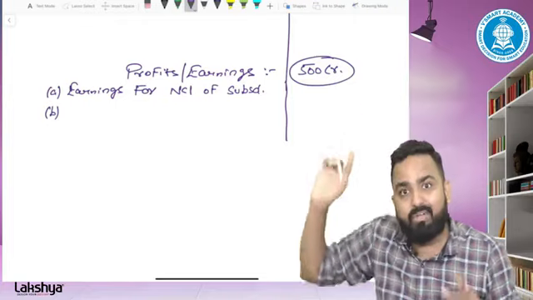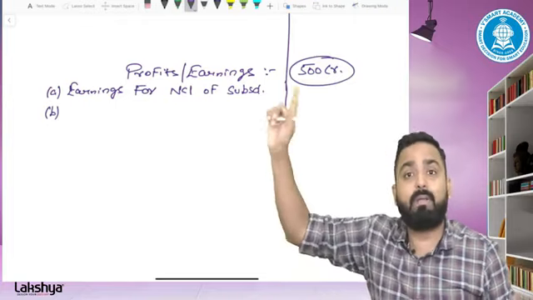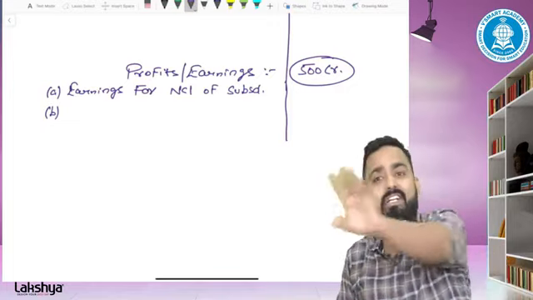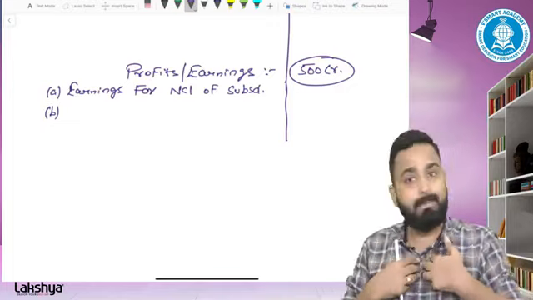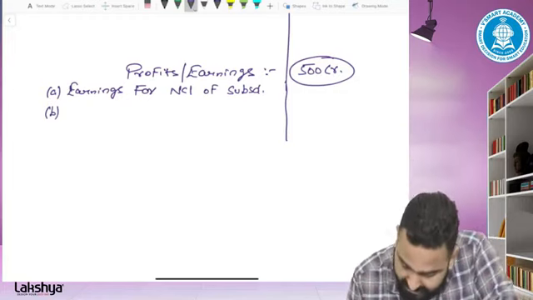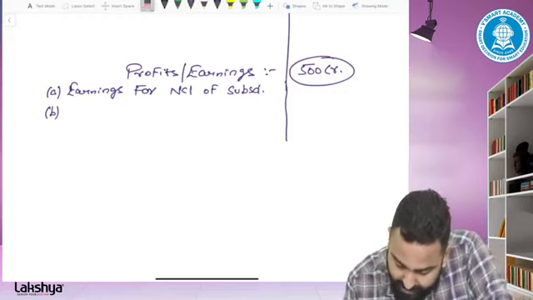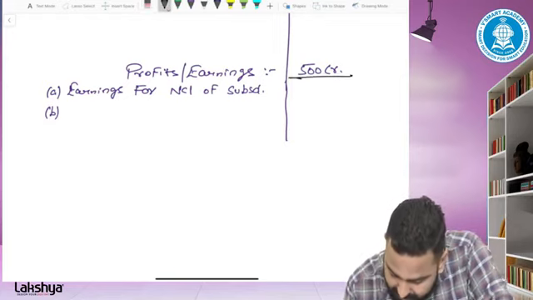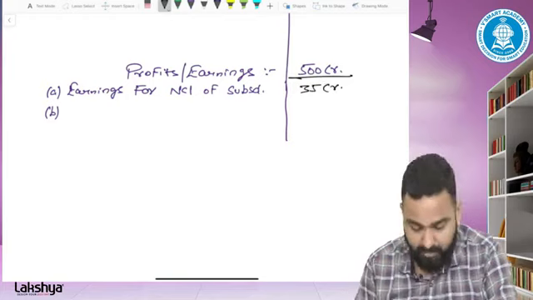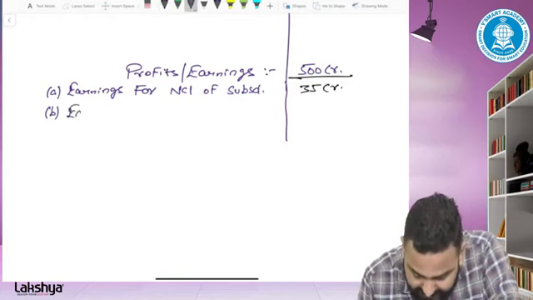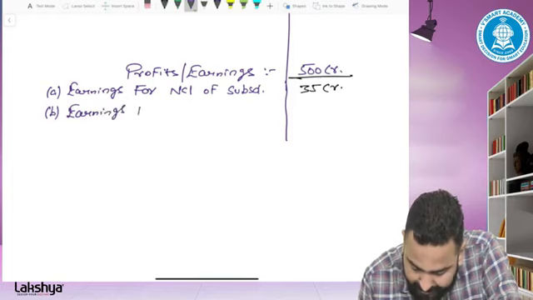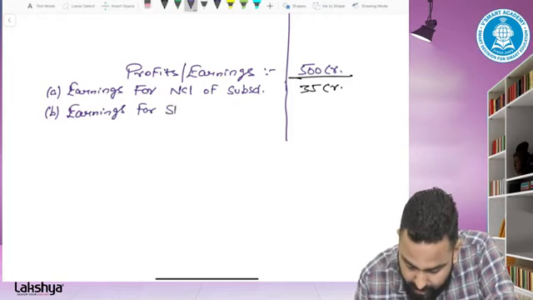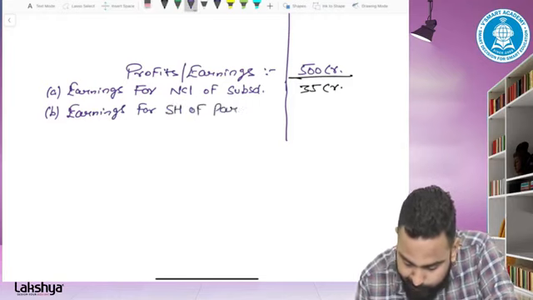Out of the 500 crore, how much profit belongs to the NCI of your subsidiary, the shareholders of your subsidiary company, not your company shareholders, not parent company shareholders? Suppose the profit belonging to NCI of the subsidiary is 35 crores only. So the second classification would be earnings for shareholders of parent company.